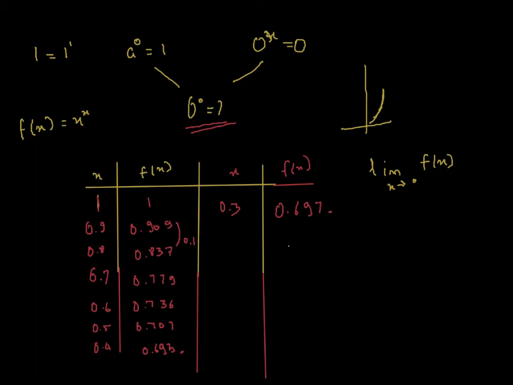It was decreasing, and then its decrease speed reduced, and now it has started increasing. But the increase rate is a lot less, because it has just gone from 0.003 to 0.007. That is just an increase of 0.004.